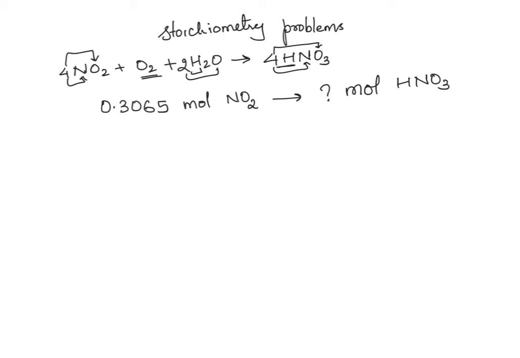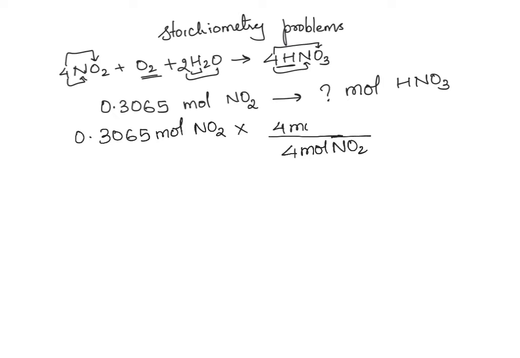Right? So 0.3065 moles of NO2, every 4 moles of NO2 yields 4 moles of HNO3. So yes, you can obtain the amount of or moles of HNO3.